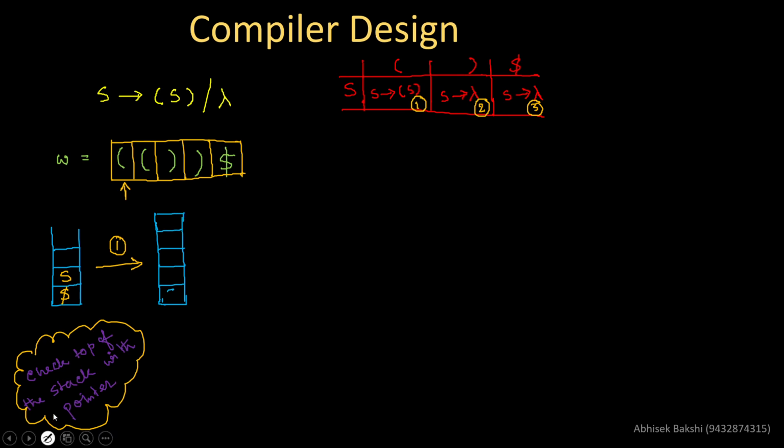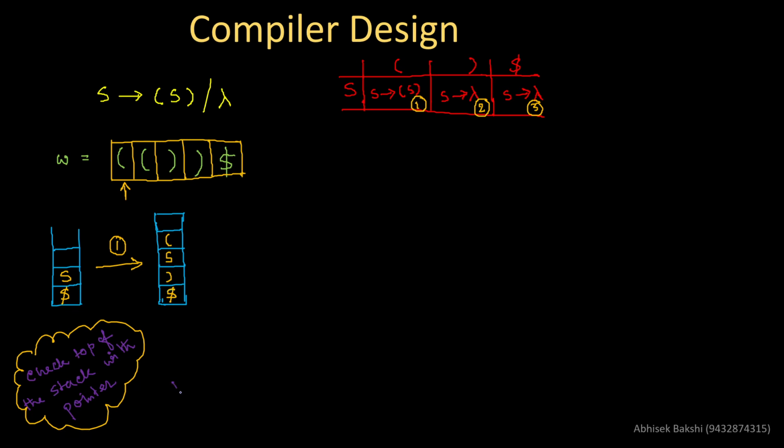The dollar will obviously be there. This S will be popped out from the stack, and instead of S, this RHS will come. I mean, LHS will be popped out and RHS will be pushed onto the stack. But RHS is pushed in the reverse direction. That means opening S closing will be pushed as closing, then S, then opening. So here is the next point that you have to remember.